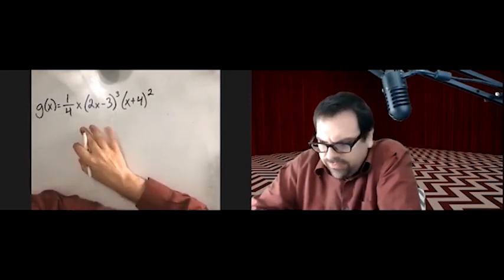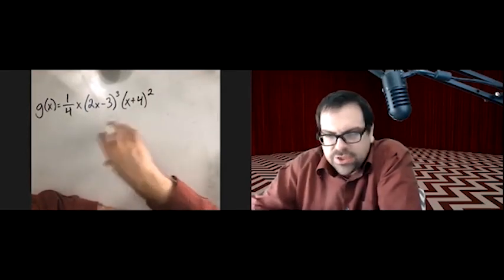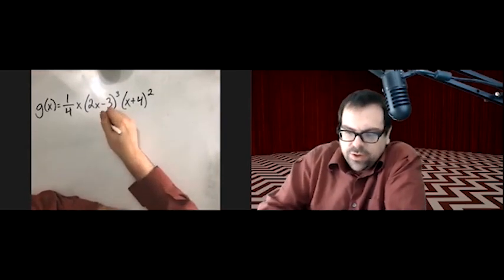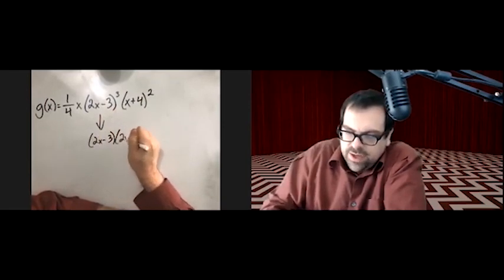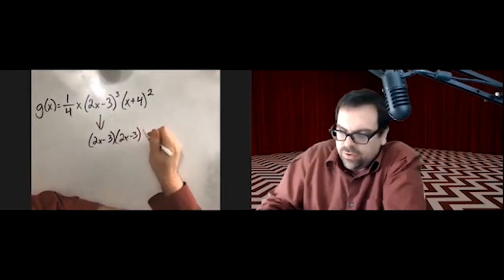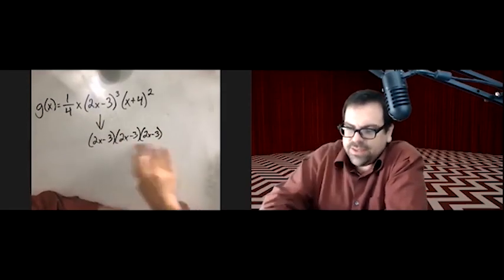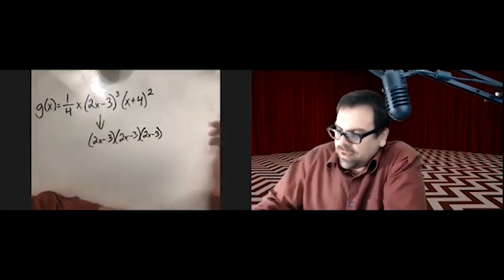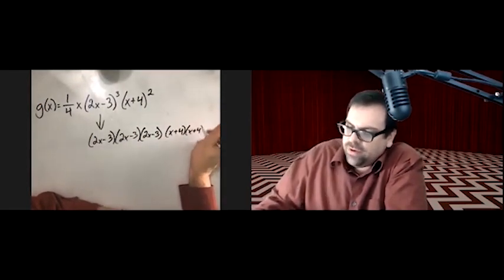But we don't need to figure everything out to get the leading term. We just need the first term of each of these. Yes, we could do 2x minus 3 times 2x minus 3, foil those, get an answer, and multiply it by 2x minus 3 again to get that 2x minus 3 cubed. Then multiply that by x plus 4 times x plus 4.